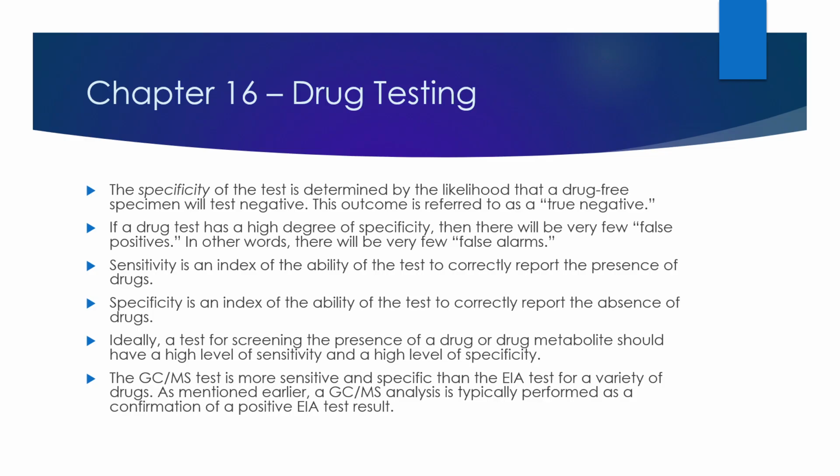You don't want to falsely accuse somebody of having drugs in their system. You don't want to make that mistake. So how do you make sure that we're right, that the drug really is indeed there? Well, you do the more sophisticated GCMS test as a confirmation because it's more sensitive, more specific, meaning it gets it right more often than the EIA test.